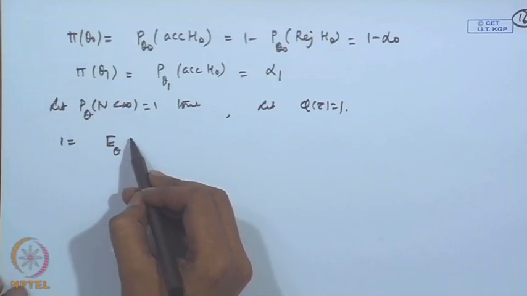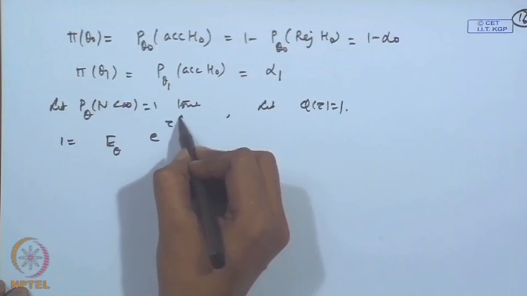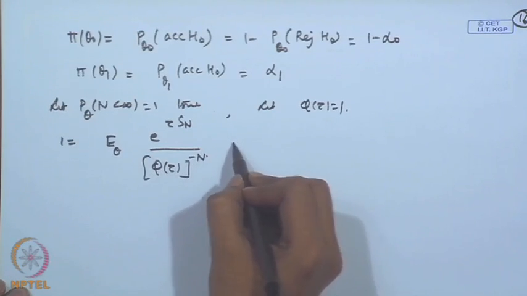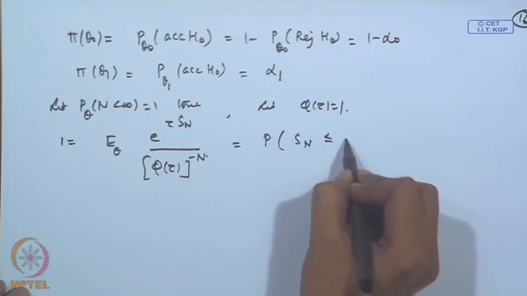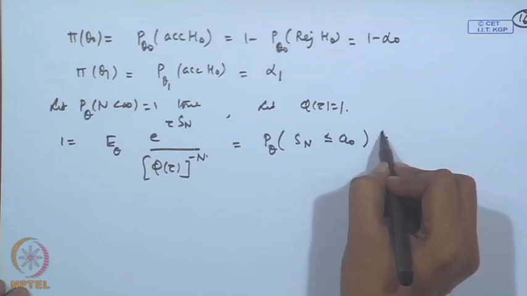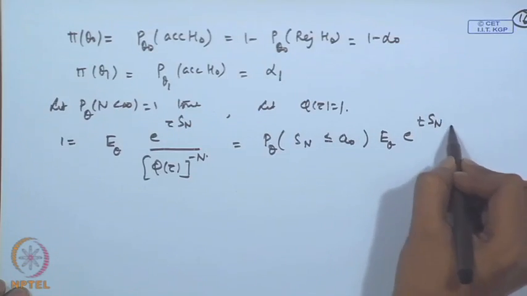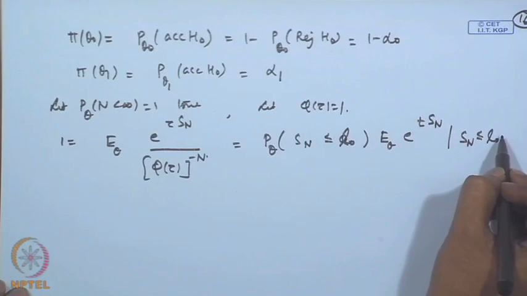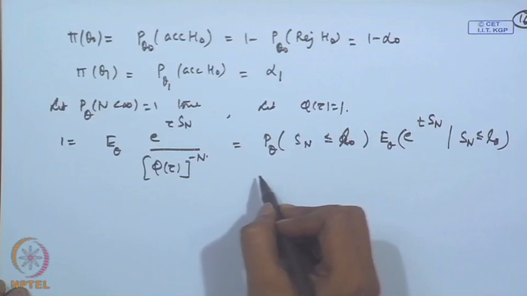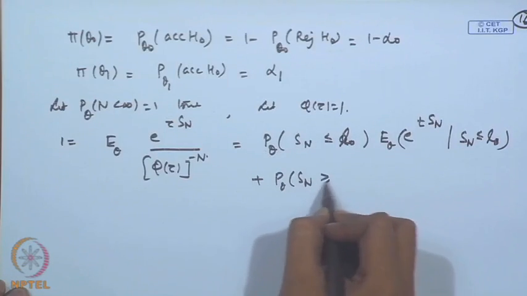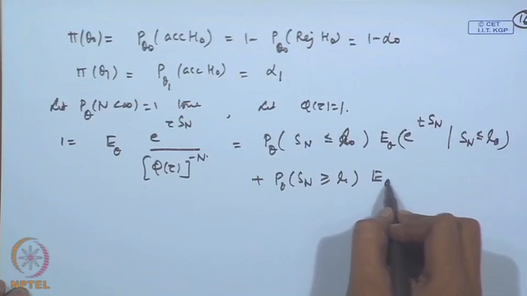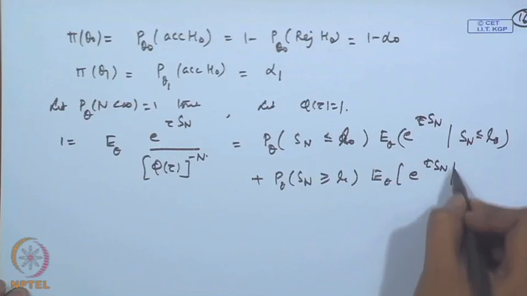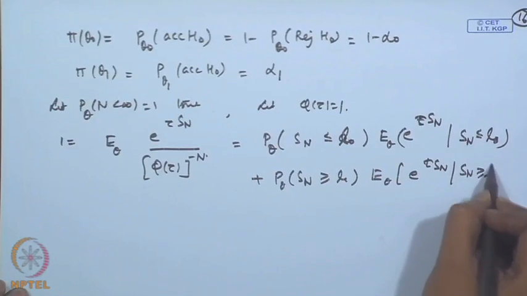Then 1 is equal to expectation under theta of e to the power tau s n divided by phi tau to the power minus n, that is equal to probability of s n less than or equal to L naught under theta into expectation of e to the power tau s n given s n less than or equal to L naught, plus probability of s n greater than or equal to L 1 into expectation of e to the power tau s n given s n greater than or equal to L 1. So, we call it L naught and L 1.